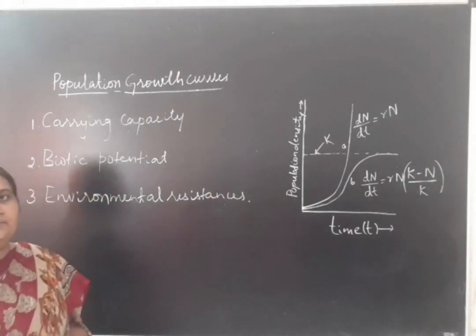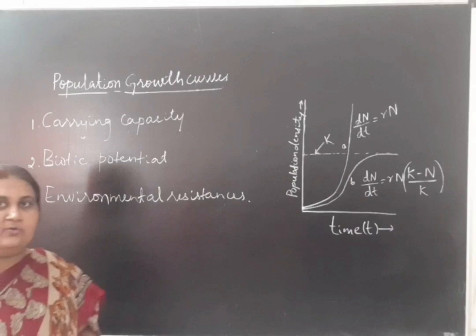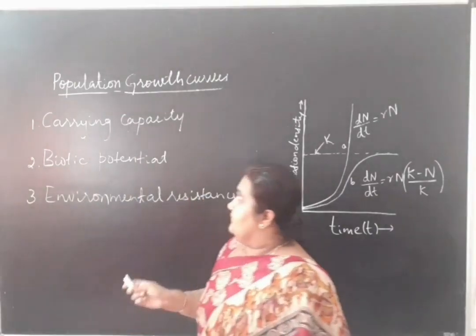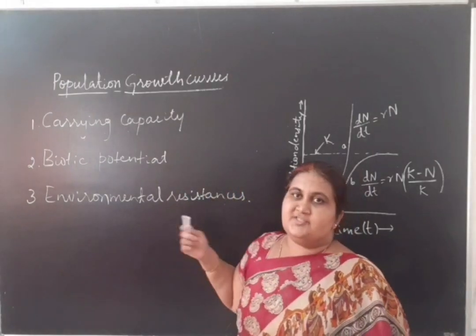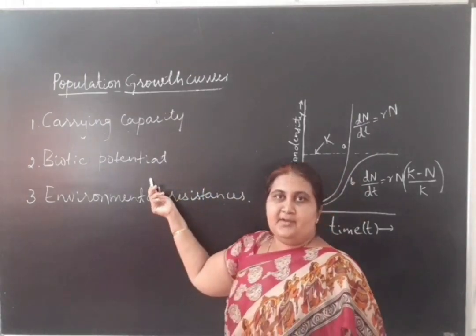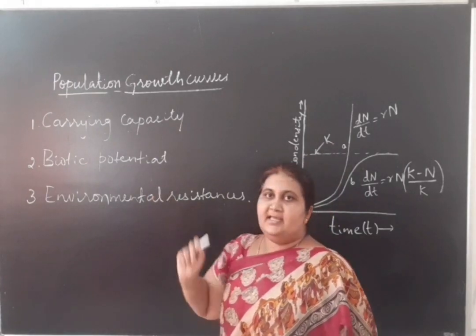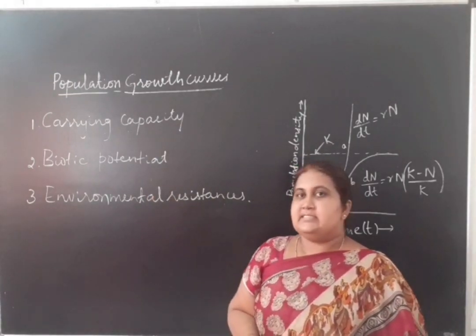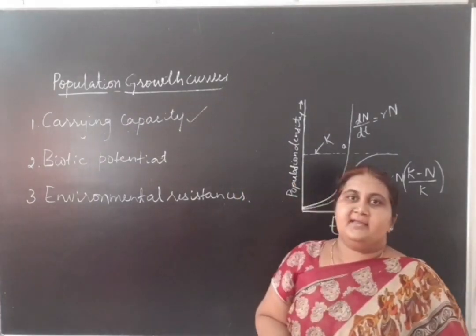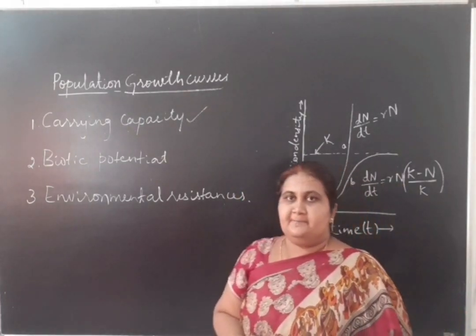Before studying about population growth curves or growth models, you should know these three terms: carrying capacity, biotic potential, and environmental resistance. First, carrying capacity.